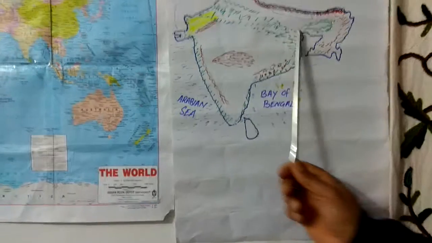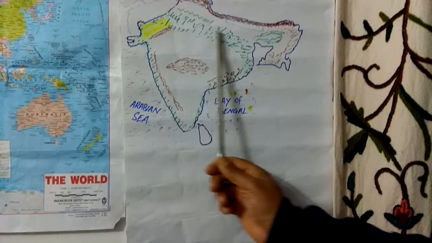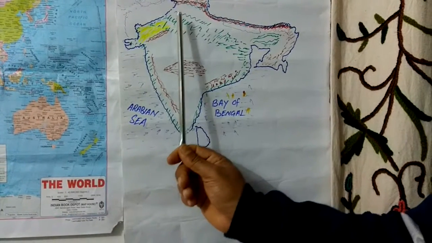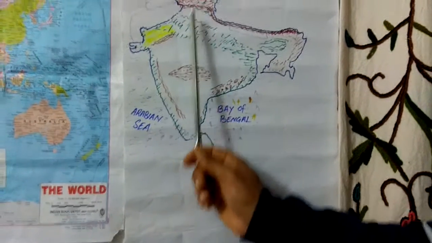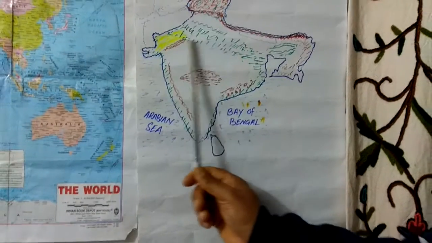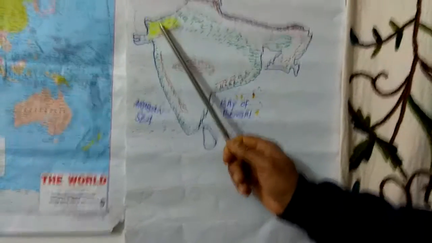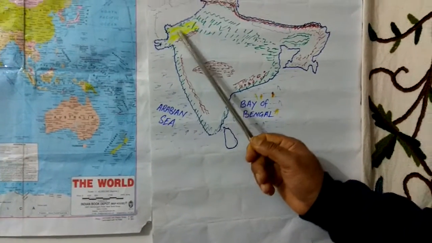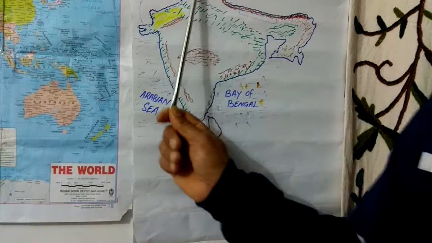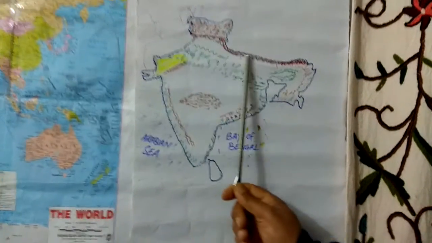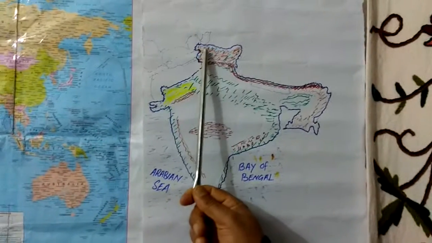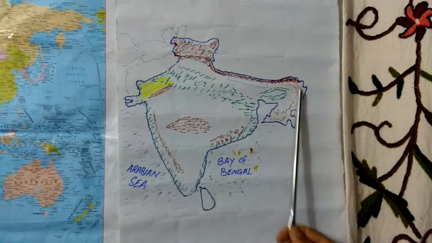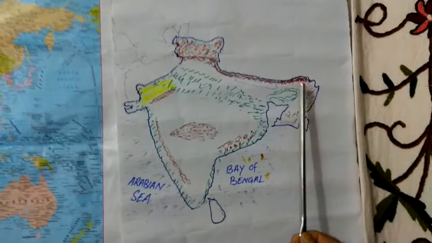And the third portion, dotted with green color, is known as the plain area of India, or we can say the northern plains. The next color, yellowish, is known as the deserts. And the next color comes from Jammu and Kashmir and the Tibetan border towards East India.